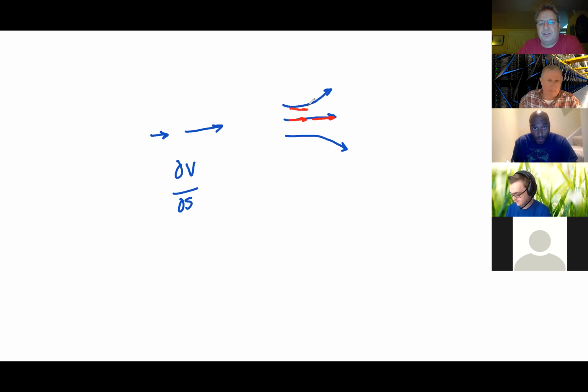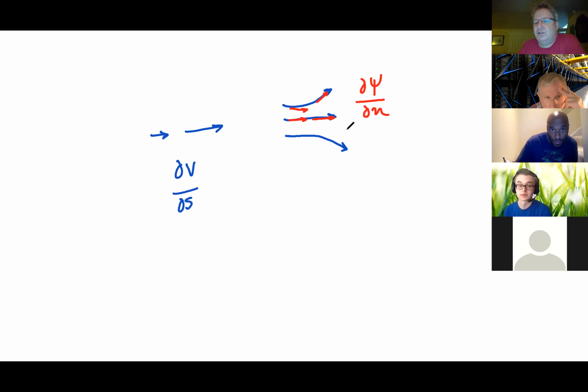Here, the direction's changing. But what makes it diffluent is the fact that this direction and that direction are different. So the direction, psi, is changing as I travel which way? In the n direction. But how much would that be?